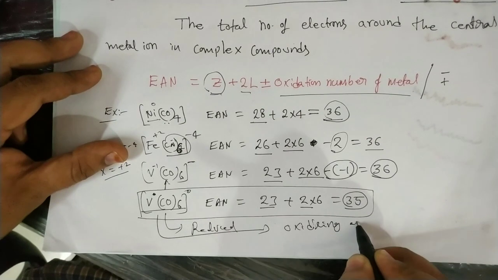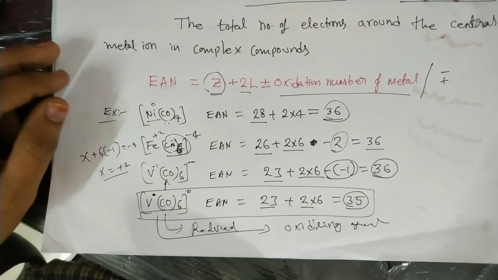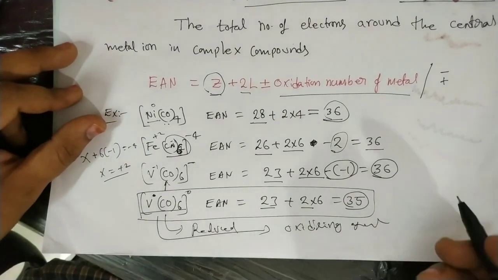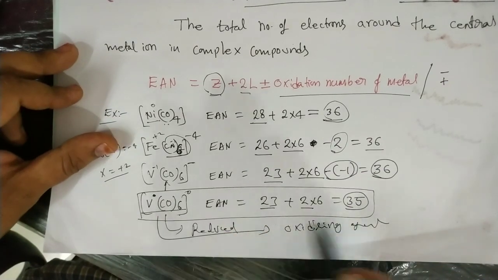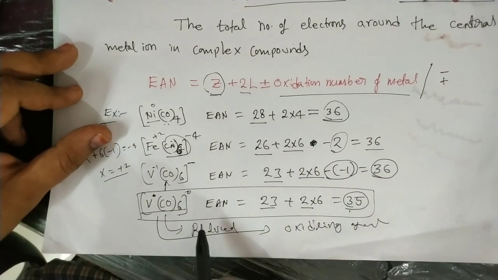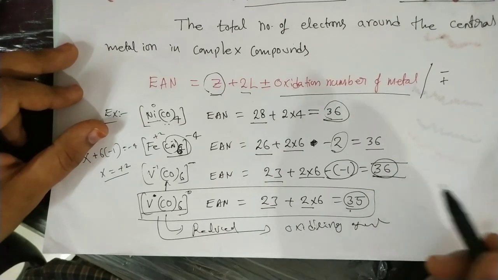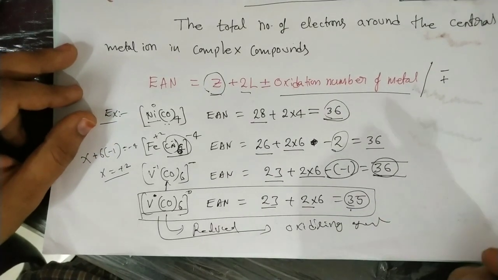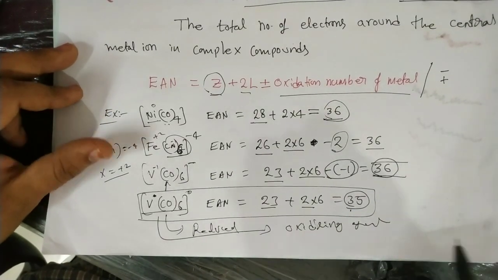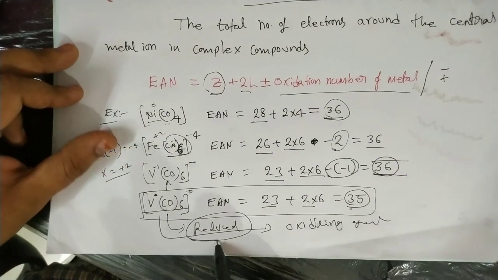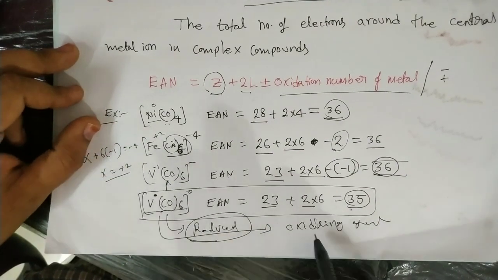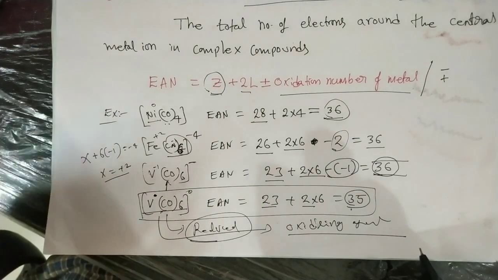The oxidizing agent itself undergoes reduction. Because it is readily reduced, its effective atomic number 35 gains to effective atomic number 36 by reduction. So it gains stability by gain of electrons, and gain of electrons is nothing but reduction. So the complex compound acts as an oxidizing agent.